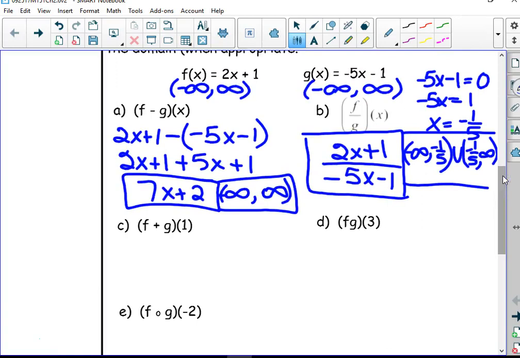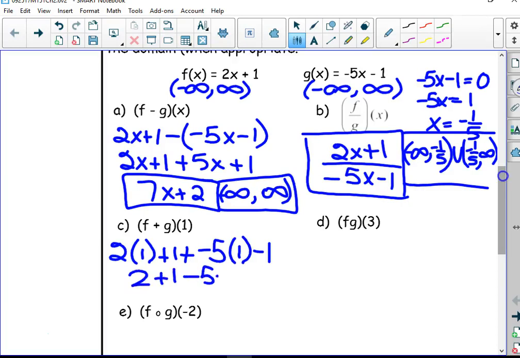So f plus g is going to be 2x plus 1 plus -5x plus 1. So I did both. I went ahead and added my two functions and substituted at the same time. And it looks like my final answer is 3 plus -6, or -3.